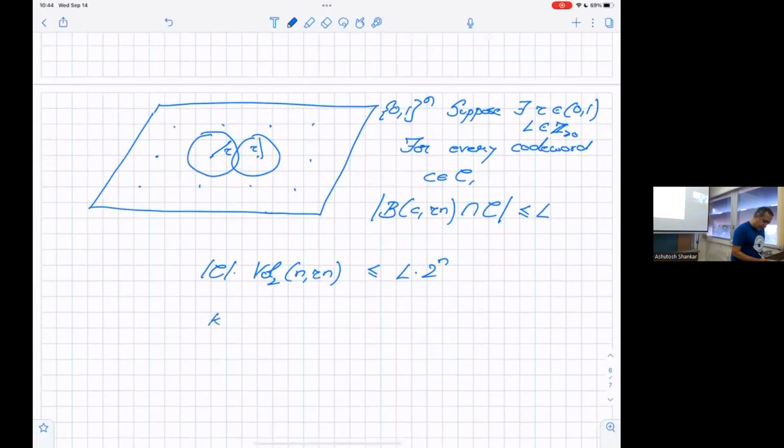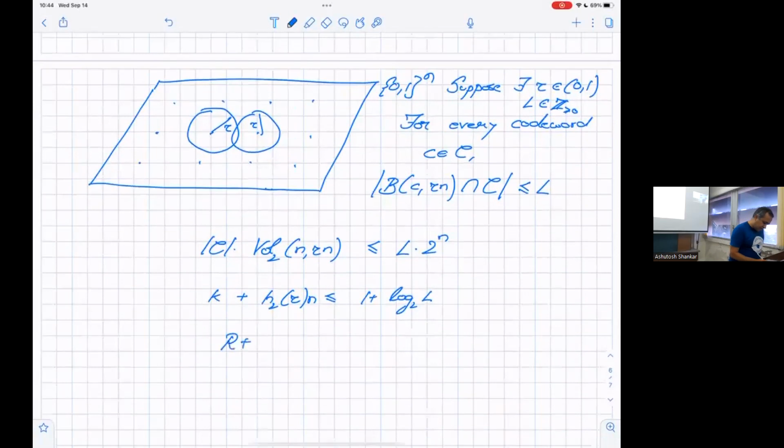This will be k plus H2(tau) n is less than or equal to n plus log2 L. Therefore, you have R plus H2(tau) is less than or equal to 1 plus log L by n.